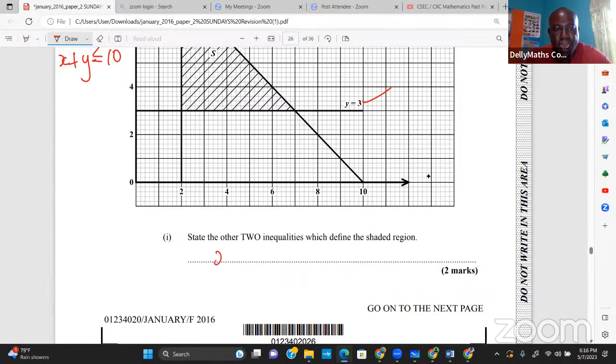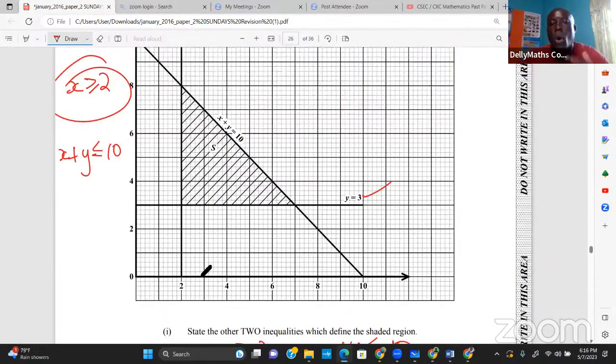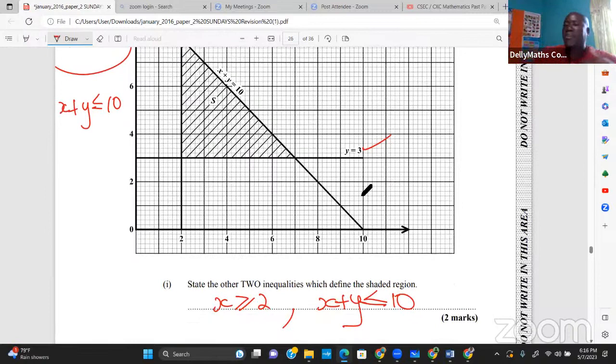As follows: x is greater than or equal to 2. That's 1. x plus y is less than or equal to 10. So those are the two other inequalities that we could have used. And everything is in the context of the shading, right?